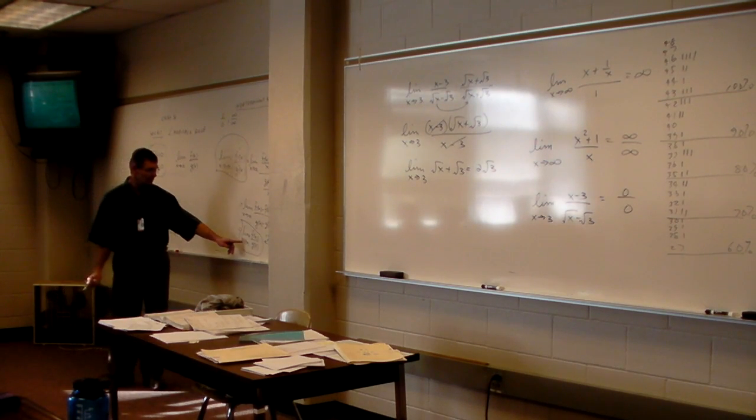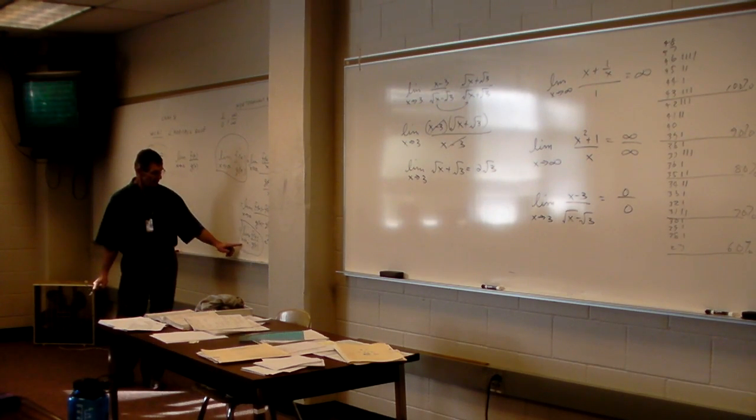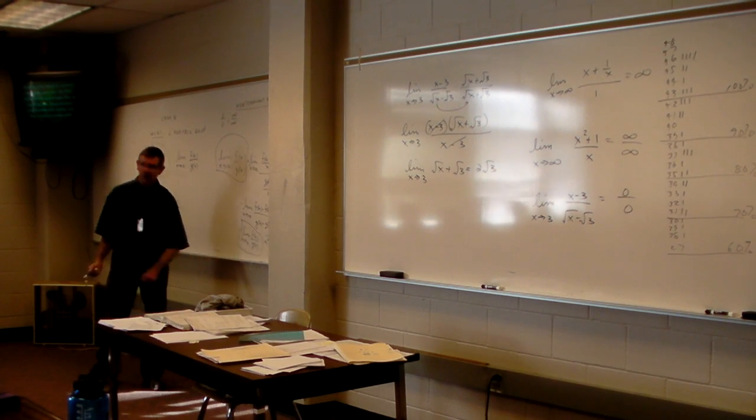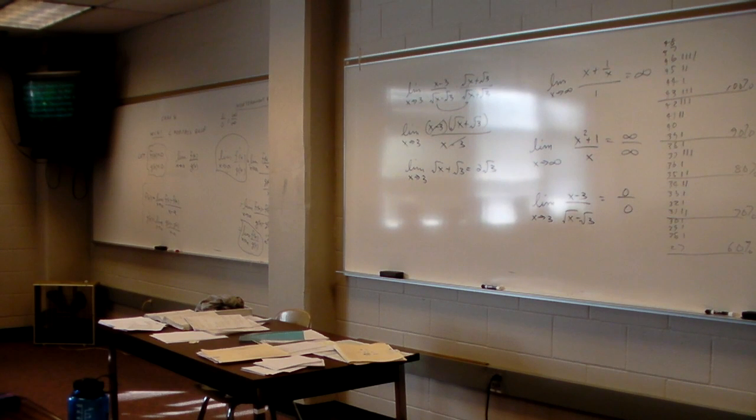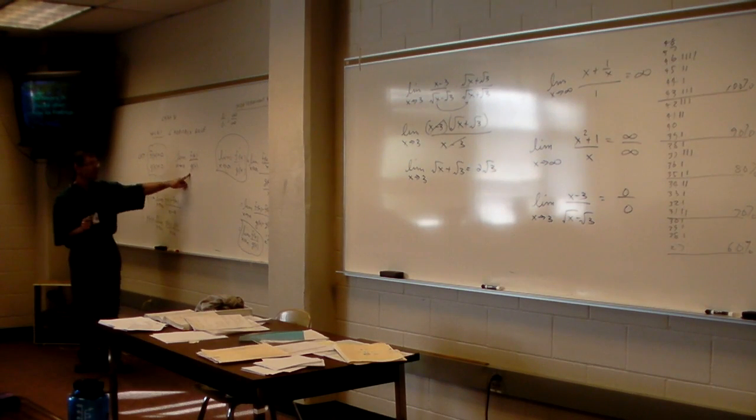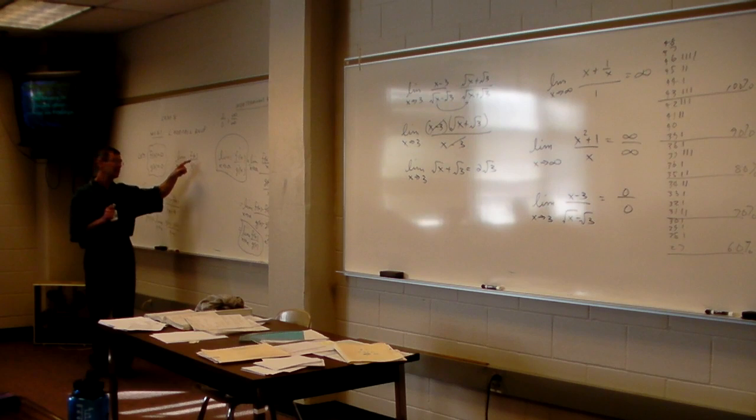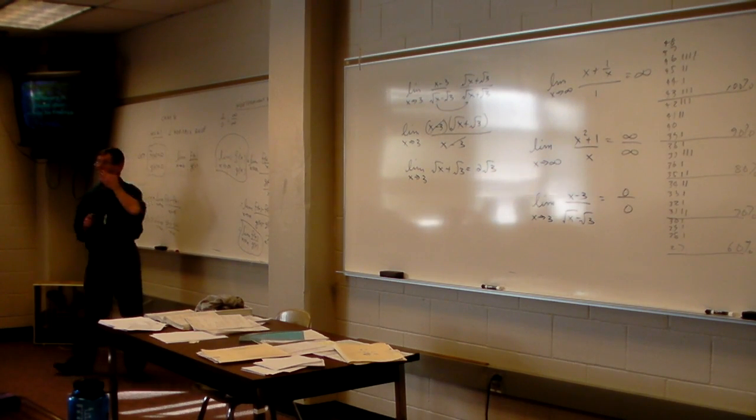Because if you plug in an a, you're going to get f of a. You can plug in an a, you're going to get g of a. If you get 0 over 0, you get the same answer as if you take the derivative. So L'Hopital's rule says to find the limit of a function divided by a function, if it gives you 0 over 0, simply take the derivative of each function, and it'll give you the same limit.